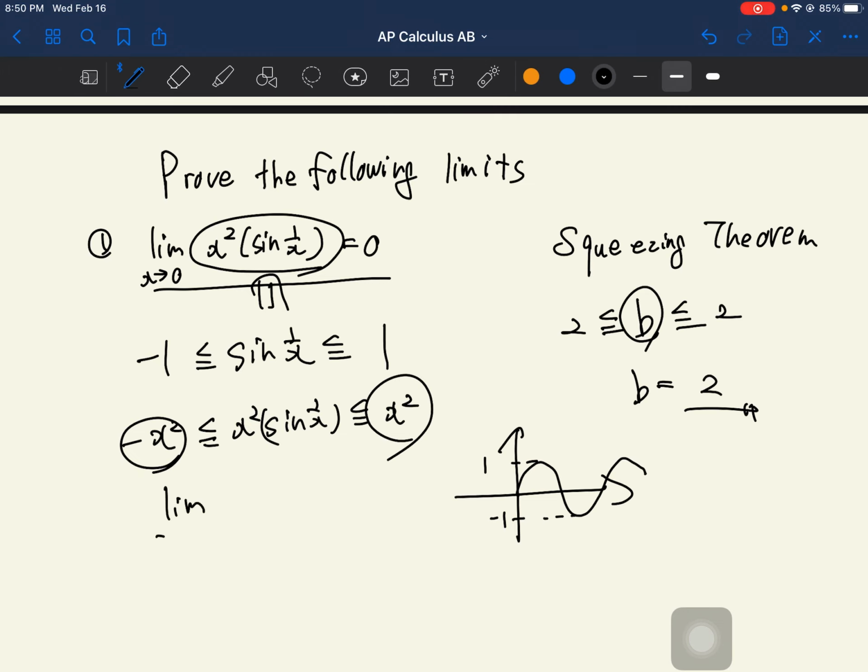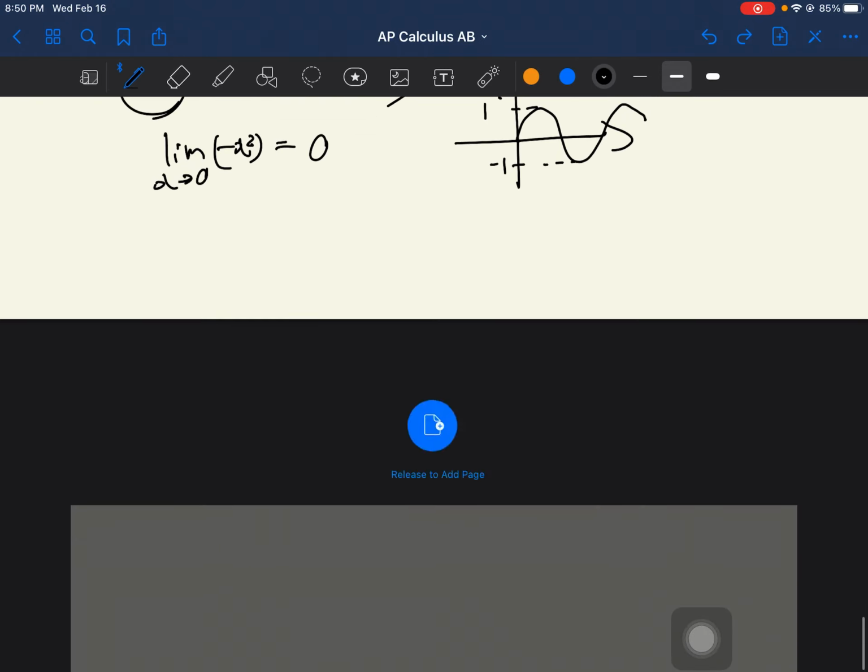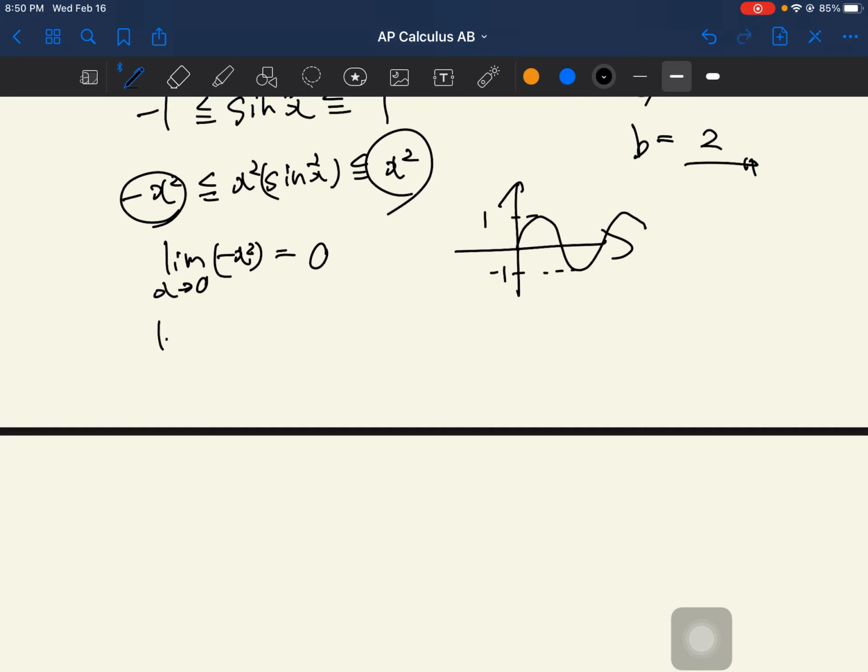The limit as x approaches 0 of -x squared is 0. We can simply plug in 0 here because it's not in a denominator. And the limit as x approaches 0 of x squared is also 0.